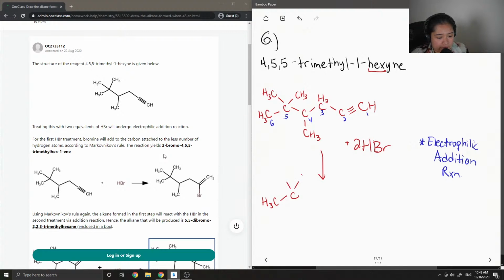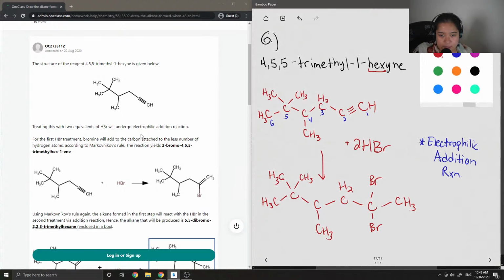Pretty much everything else stays the same. On carbon 2 is where the 2 bromines will be added, and we no longer have a triple bond. It is now just a single bonded carbon, CH3.